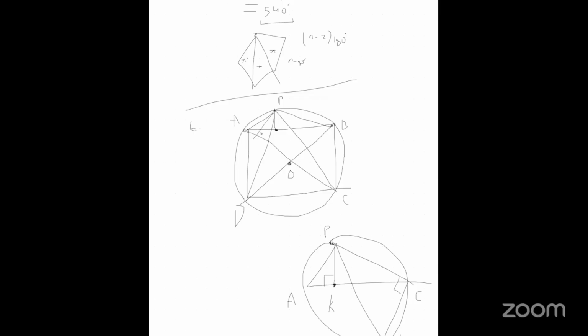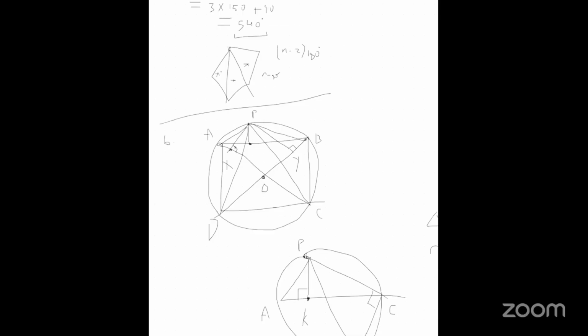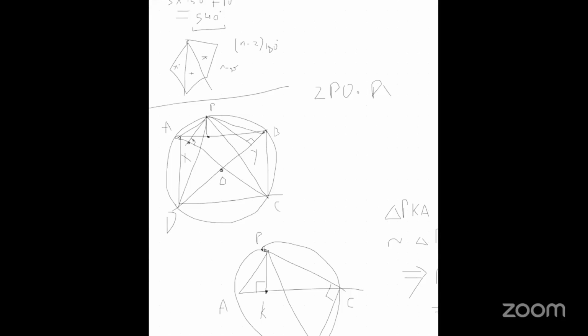And either way, the idea is that you can draw this perpendicular from P to this. Let's call it M. Or maybe let's use someone else's notation. I want M only for midpoints. So let's say this is X, let's call this Y. So draw perpendiculars X and Y. Then 2PO times PX is equal to PA times PC, and that PA times PC is given to be equal to 56.